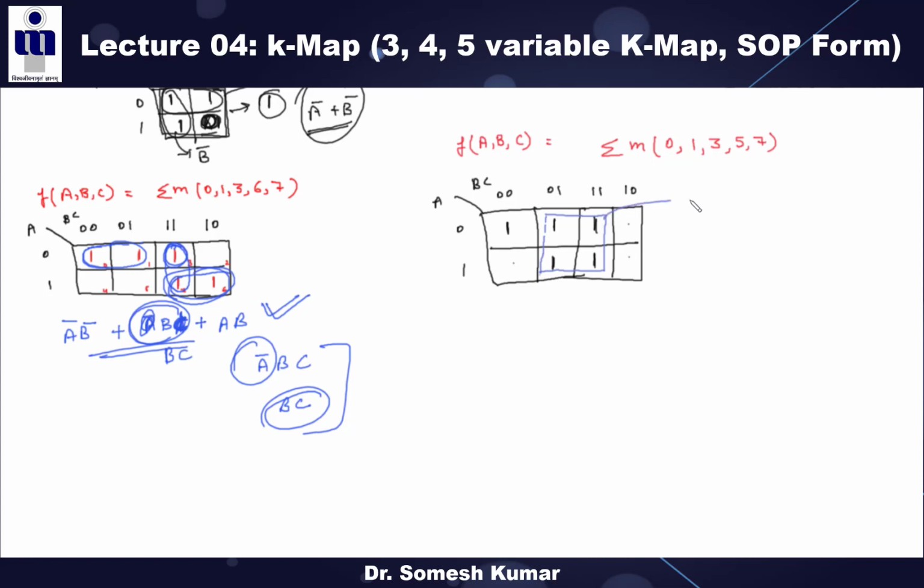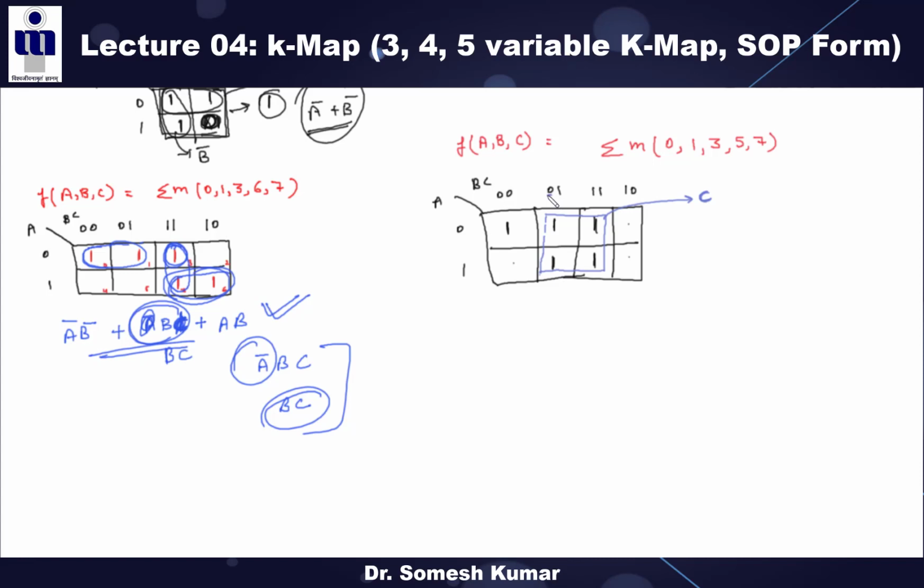Now, next quad is possible or not? So what is the answer from this quad? What are the common terms? C only, right? C only. Now, the purpose of this quad and all this pairing is to minimize, right? So from this quad, what is the common term?